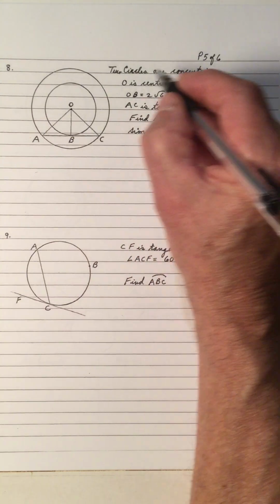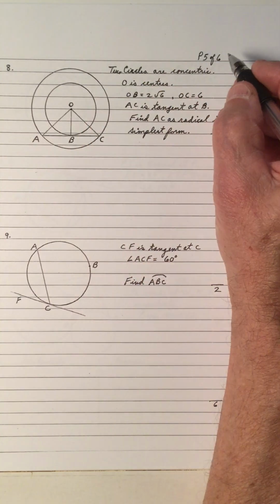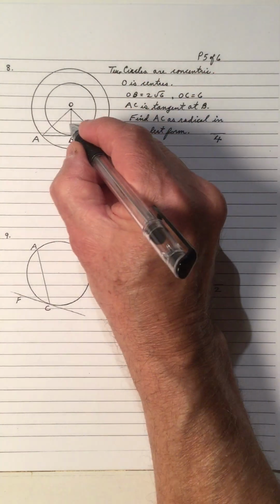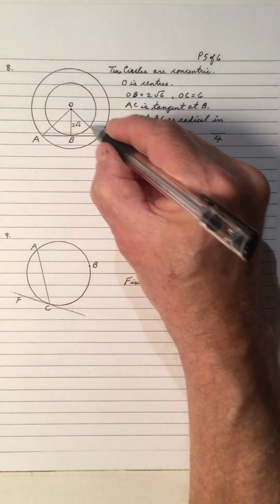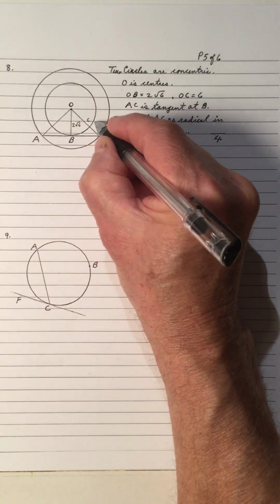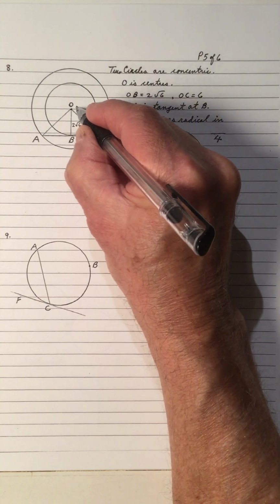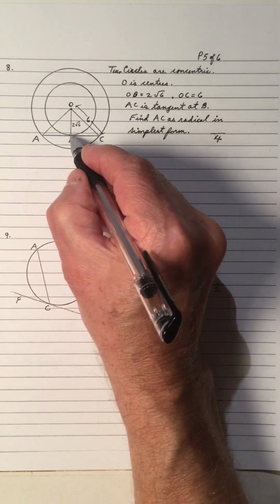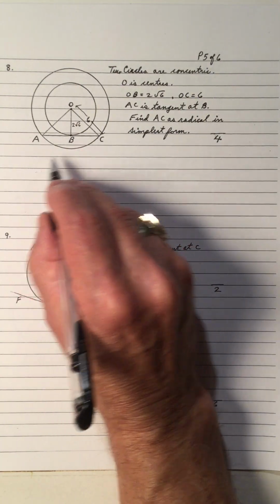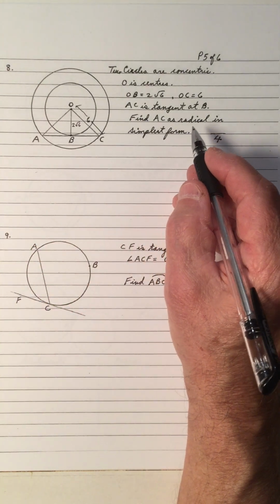In this case, center O. OB is 2 root 6. AC is 6. So from there to there is 6. It says that AC is tangent at B, and find the length of BC as a radical in simplest form.